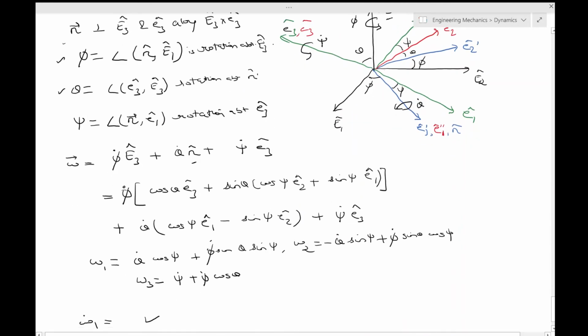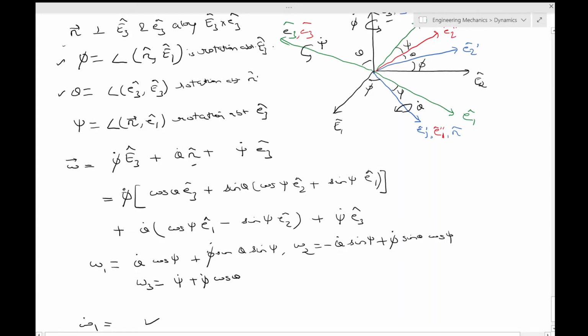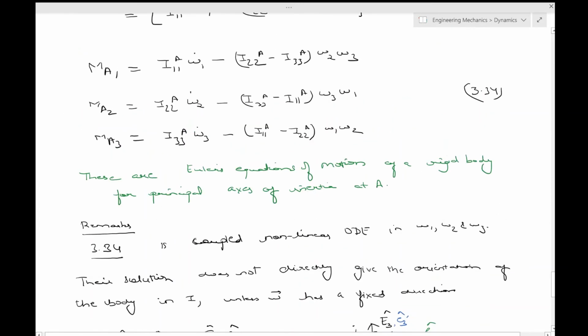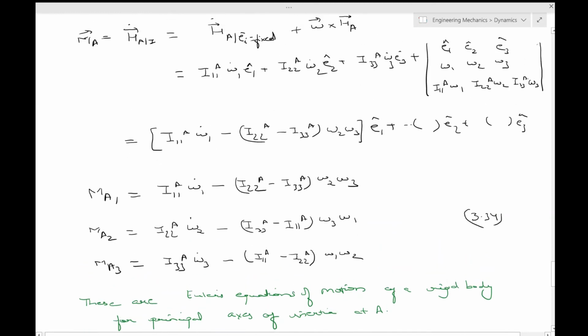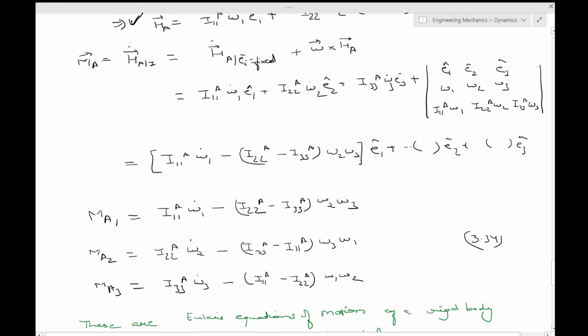Okay, now similar to the case which we have previously discussed, if you have, for example, this MA, if omega and omega dot are in the direction of the principal axis of inertia, which is E3, then this will just reduce to the E3 component.